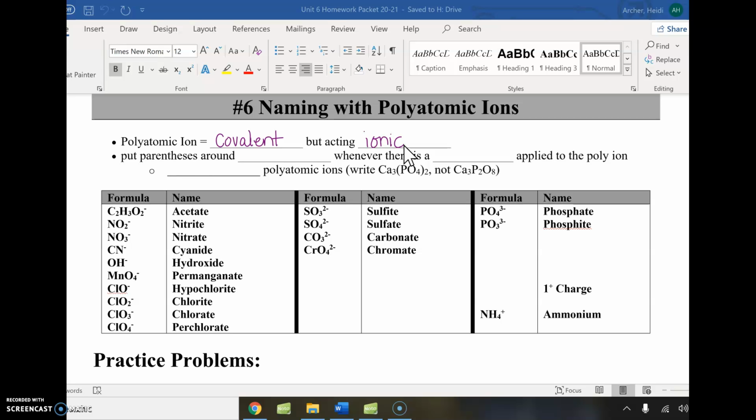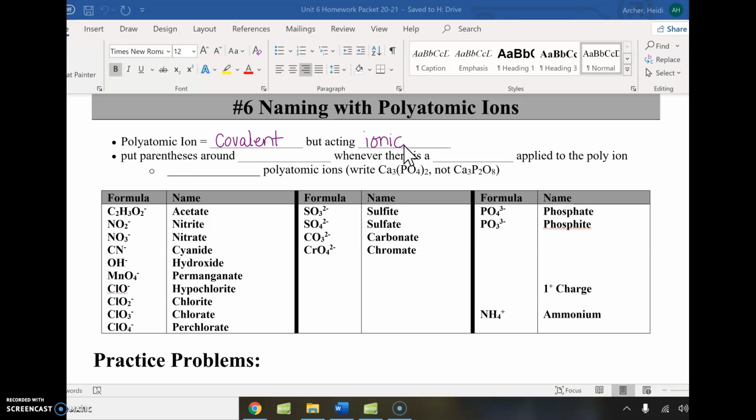The way that we're going to treat this, remember I said you cannot change anything about them at all. You can't change their formula, you can't change their number, you can't change their charge, nothing. So remember we've talked about this in a couple of different contexts where you are not going to distribute in any way. You always have to keep the grouping together.